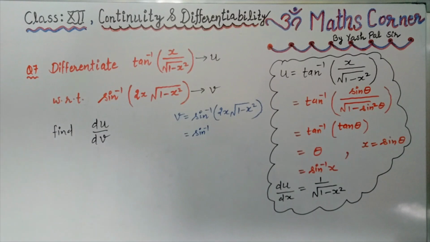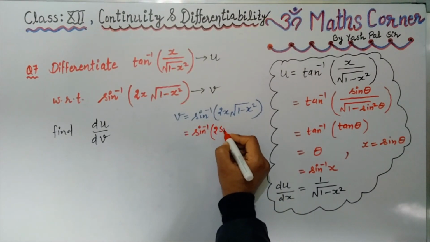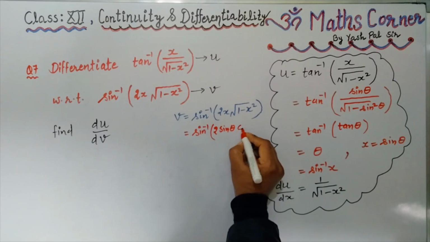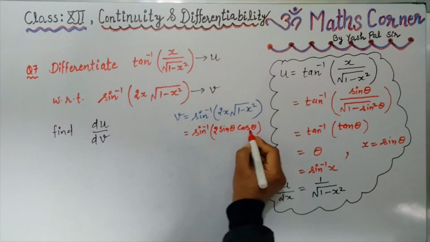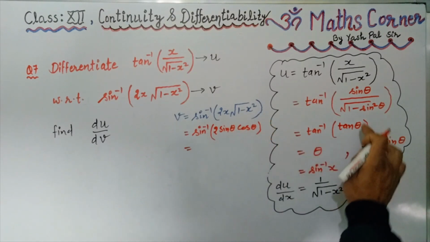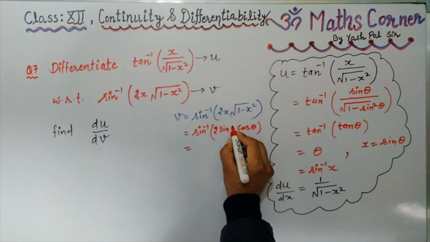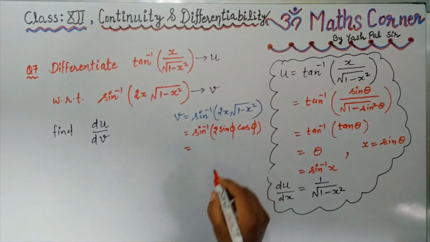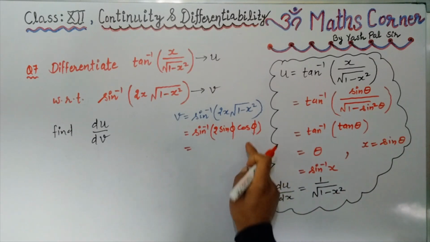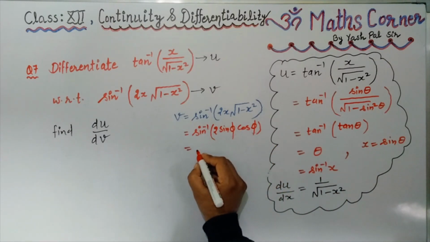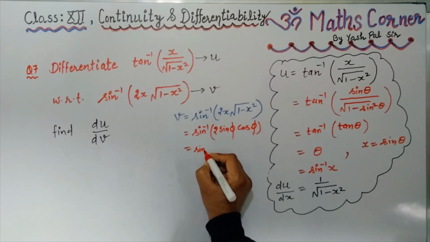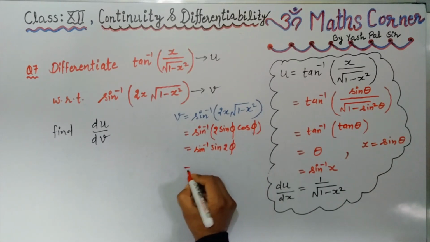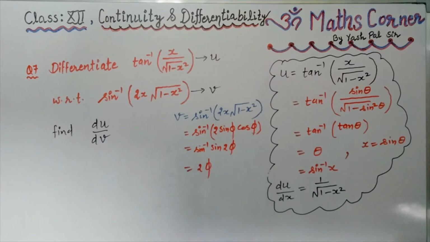So this is equal to sine inverse 2 sine phi into 1 minus sine square phi, that is cos square phi, square root cancelled, cos phi. Since we are already using theta, we take the symbol phi here. So this is sine inverse 2 sin phi cos phi, which is equal to sine of 2 phi. Sine inverse sine cancelled, 2 phi.